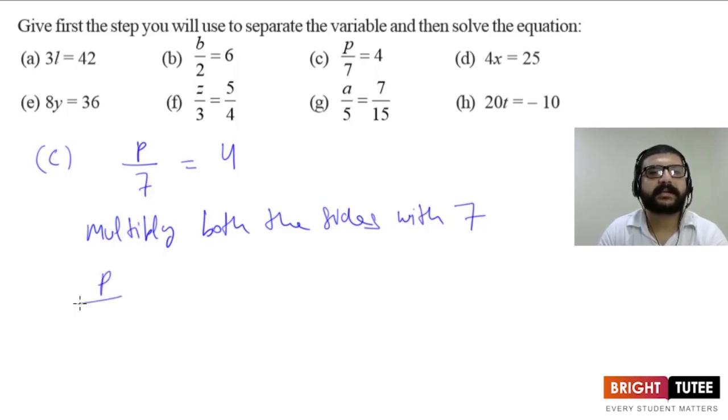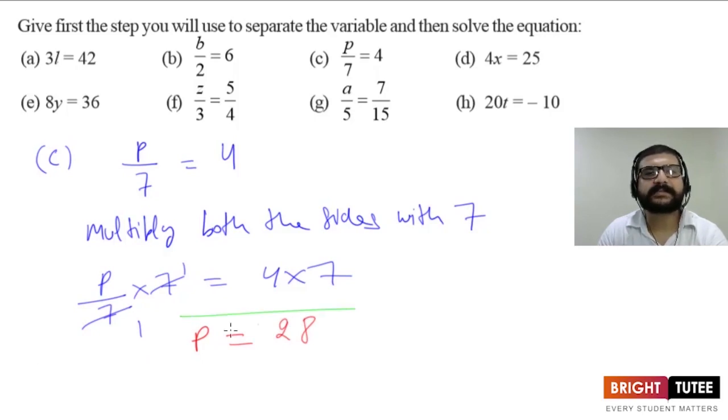So we will get p upon 7 into 7 is equal to 4 into 7. Now let's simplify this. 7 and 7 will be cancelled out here. So we are left with p, and this p will be equal to 4 into 7 which is 28. Hence the final value of p is 28, or the final solution of the equation is p is equal to 28.